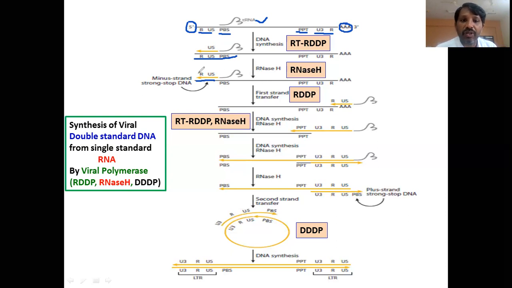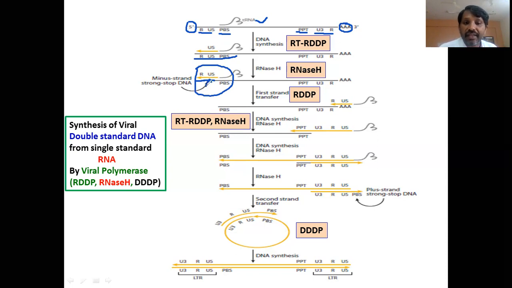This is a hybrid molecule. Now, the RNase H activity of reverse transcriptase will break down the RNA part in the hybrid. So it will degrade this one.